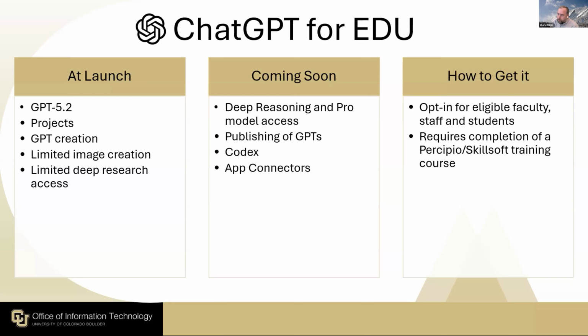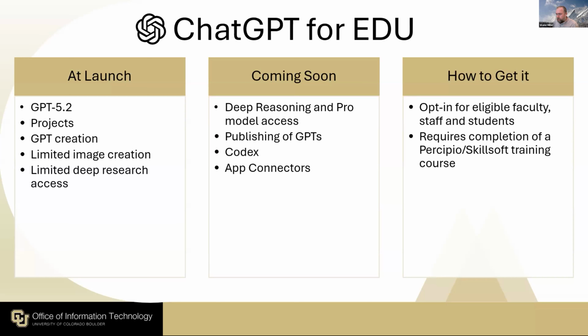Publishing of GPTs. So again, at launch, you can create your own, but being able to publish those for use within the CU environment for classes or projects or things like that, we're hoping to get that. Codex as well. This is a great coding tool for those of you that are integrated with GitHub or doing any sort of coding.